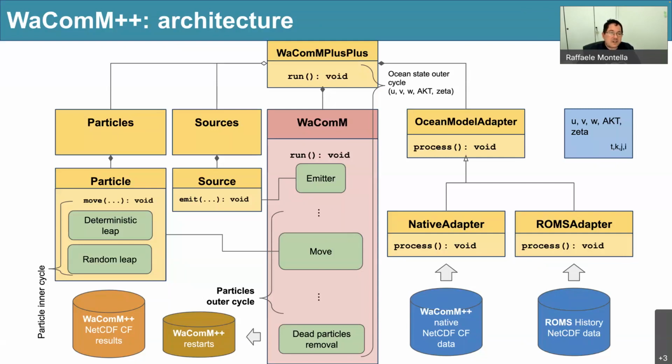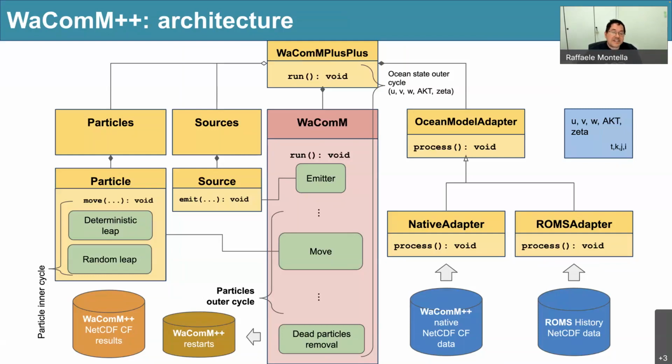While each particle could be processed independently because the particles are not interacting with each other, each particle has to be moved sequentially because the Lagrangian equations are time related. And each particle is moved by two components. One is deterministic and is driven by the ocean state, and the other one is random.